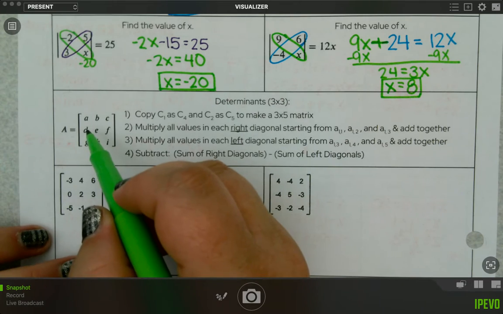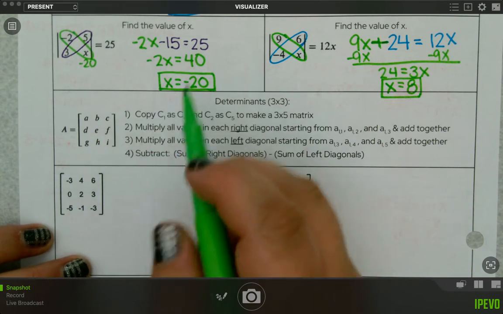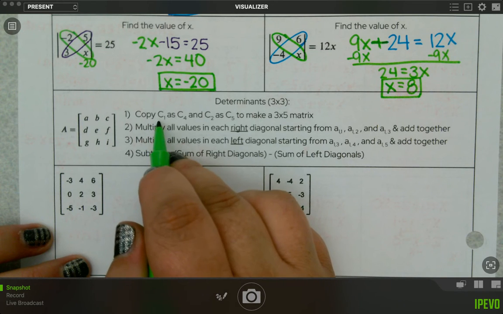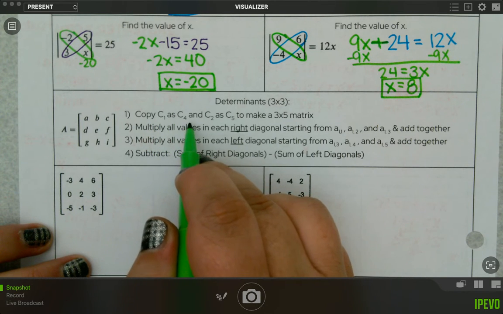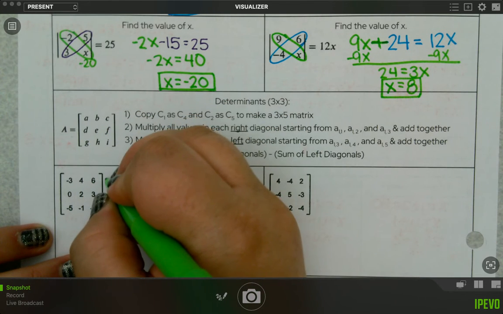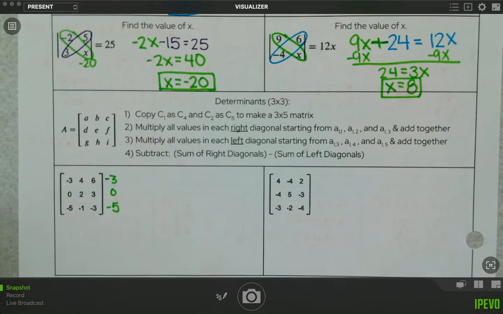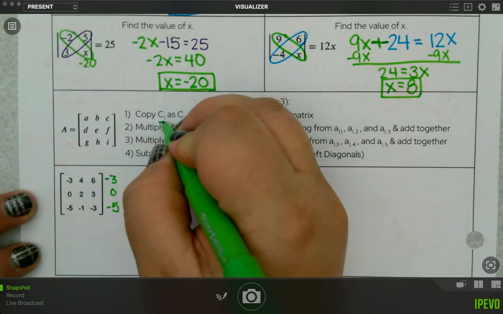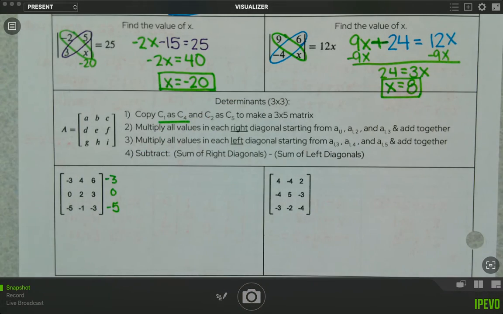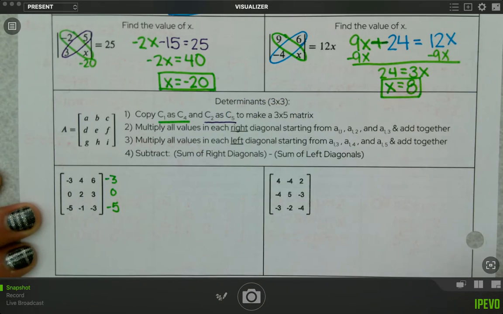Okay, so over here I've just filled in with random letters. But what you're going to do first is copy column 1 as column 4. What I mean by that is take this entire column and rewrite it over here. And then do the same thing, make column 2 column 5.